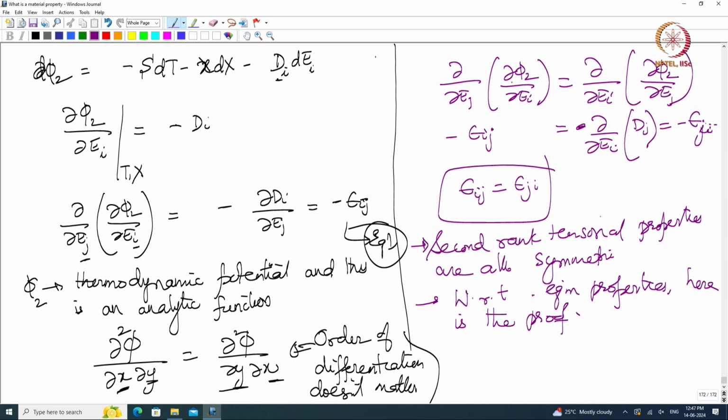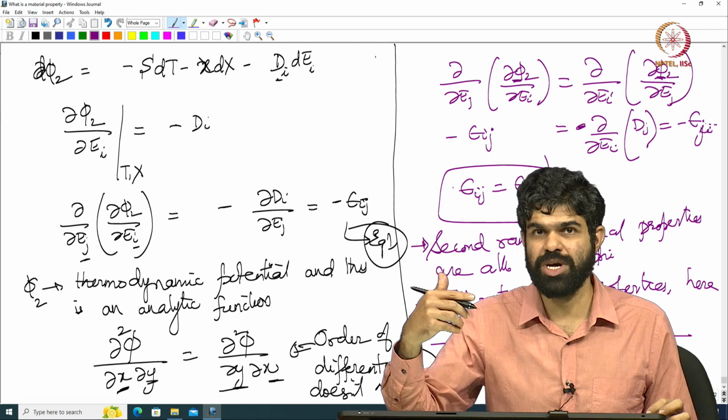So, it does not matter, I can take any potential, right. I can do the same thing with, for example, some other second rank tensor. It does not need to be electric field, it can be magnetic field, right. So, any second rank tensor will have an underlying thermodynamic potential.